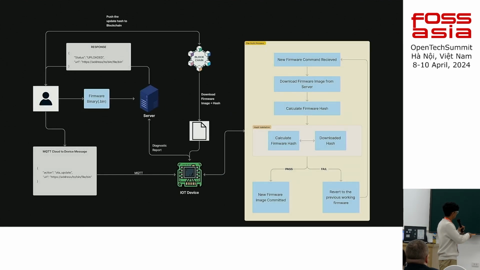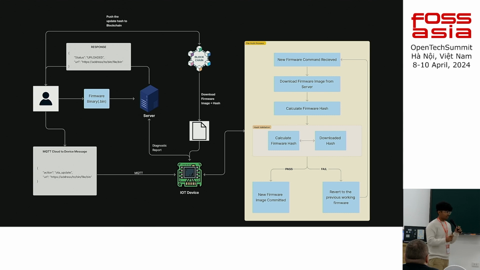So this is how it looks when you replace it with the blockchain. The binary file was stored in the server, right? And also the hash of that binary file. What you can do is move it to the blockchain into a transaction, and then instead of sending a hash of that binary file, you can send the transaction hash of the block in the blockchain.